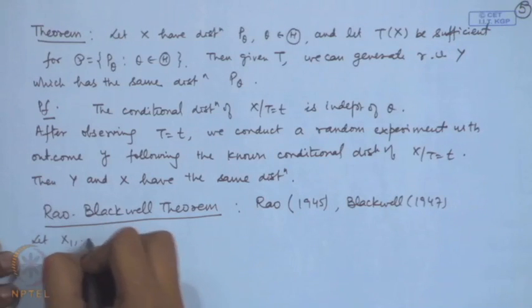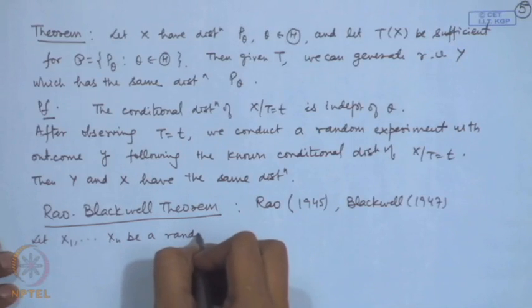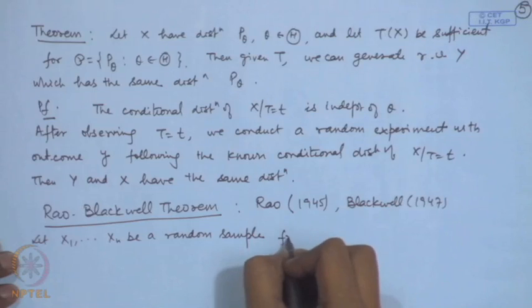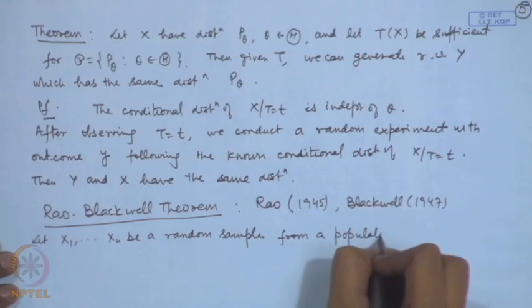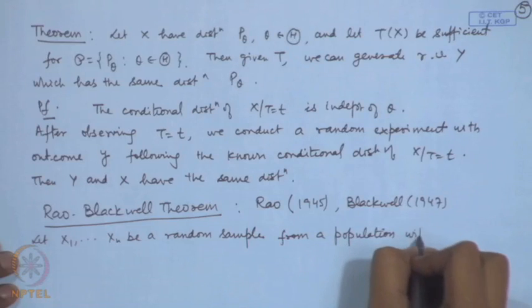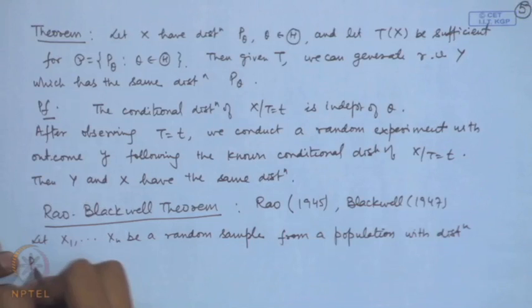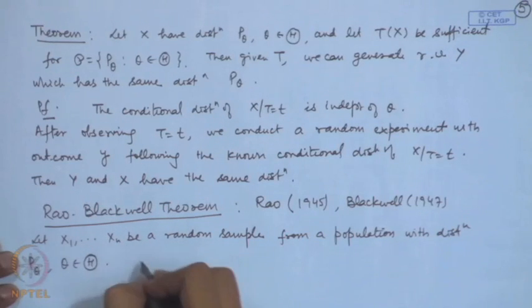Let X1, X2, ..., Xn be a random sample from a population with distribution P theta, theta belonging to script Theta.